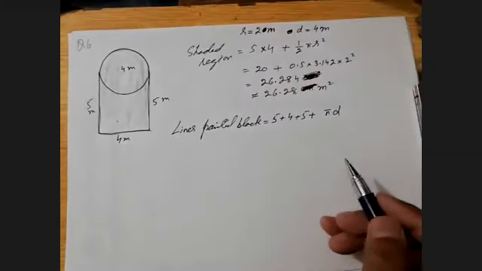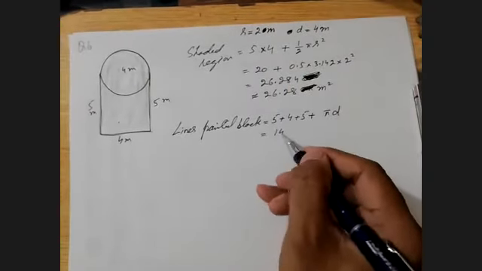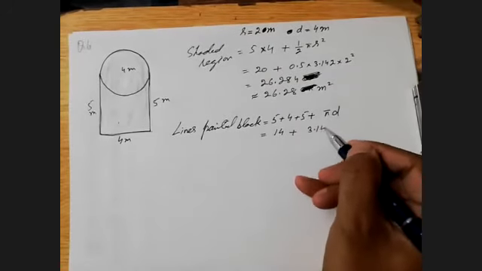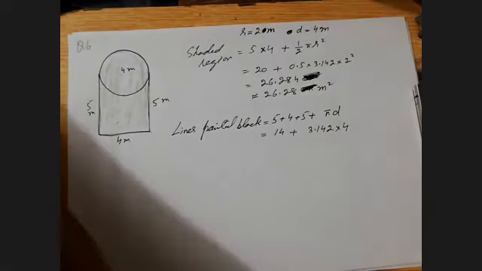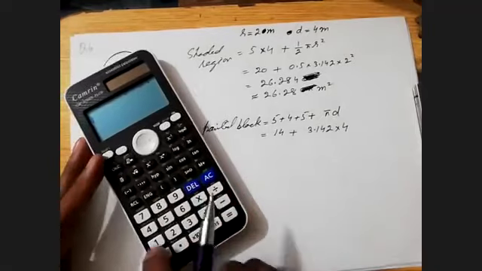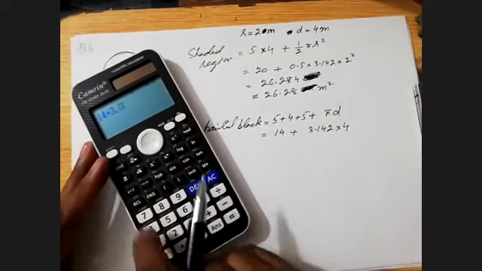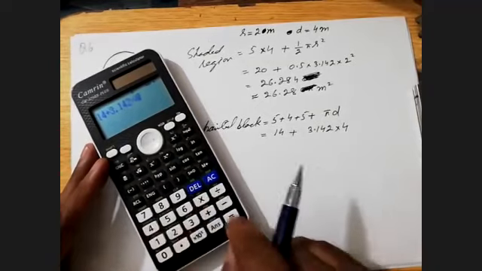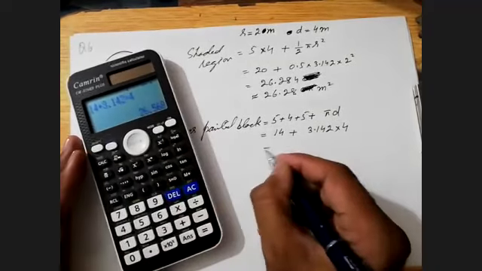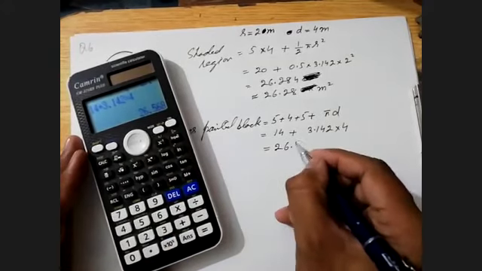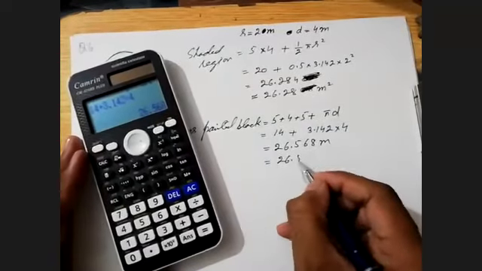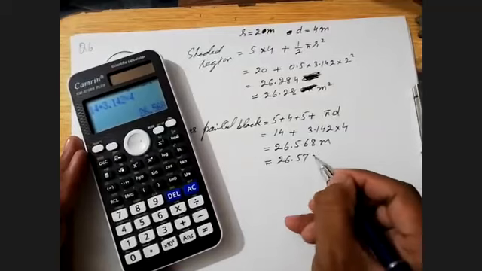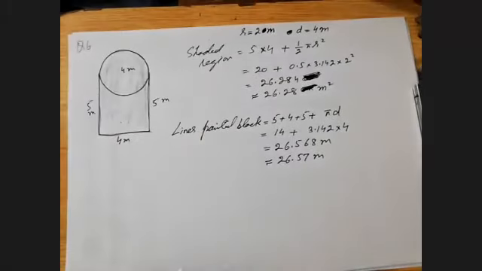It is meter. 4 and 14 plus 3.142 into the diameter, which is 4. Okay, 14 plus 3.142 into 4 gives me the answer 26.568 meters, 26.57 approximately. This is the answer. Okay, I hope that you have understood this.